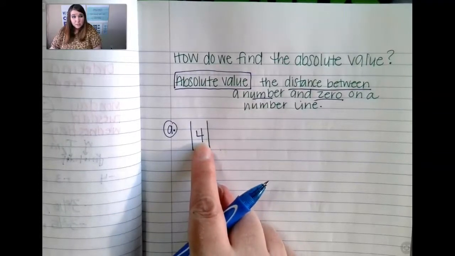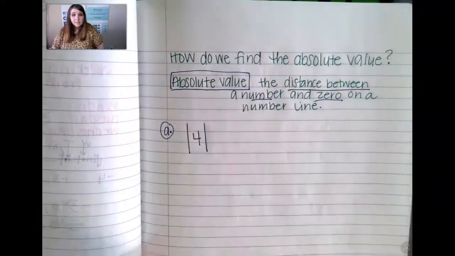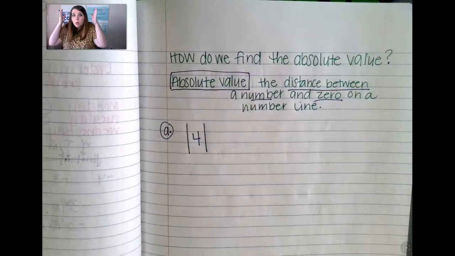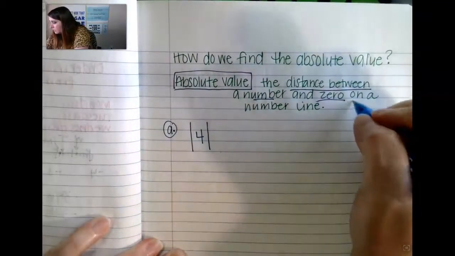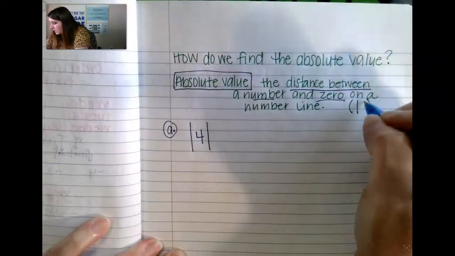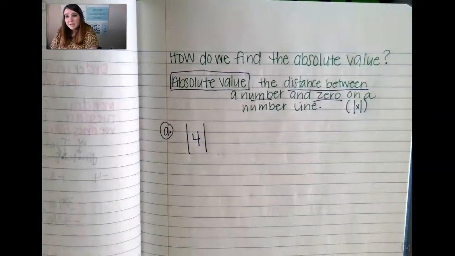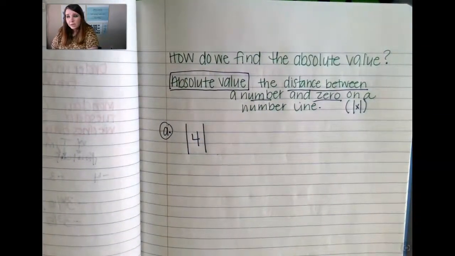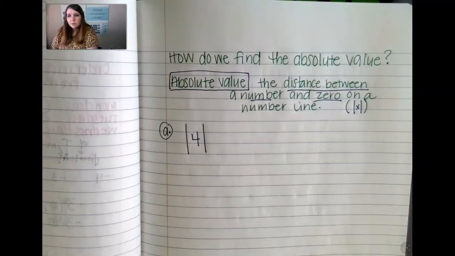So this is a 4 and these are called the absolute value lines. It's like I'm a 4 and I'm in a wall. Absolute value looks like two lines with something in between.